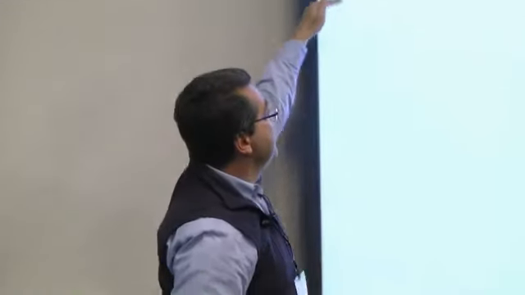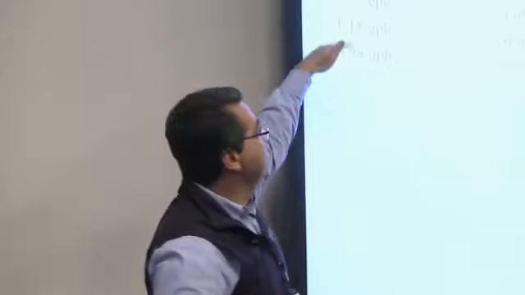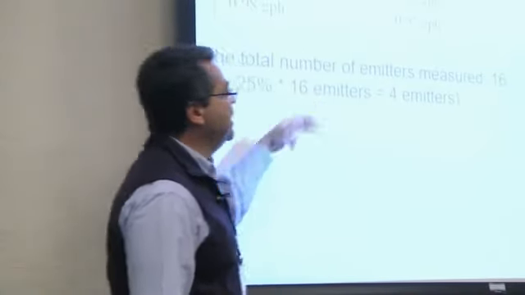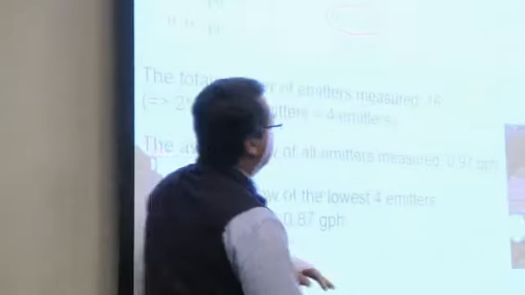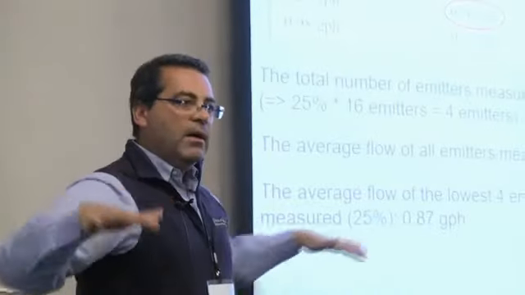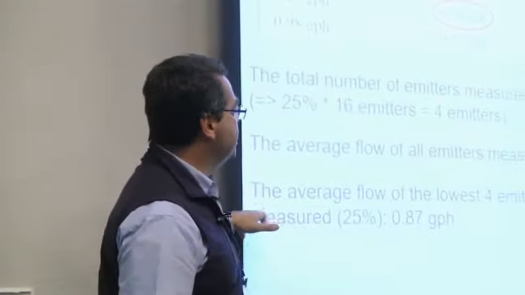For instance, imagine we decide to measure 16 different emitters spread across the block, and those are the flow rates we measure with the catch can at different emitters. We take the 25% of the emitters that perform lowest, which is these 4, and we calculate the average of these 4 versus the average of all emitters measured.